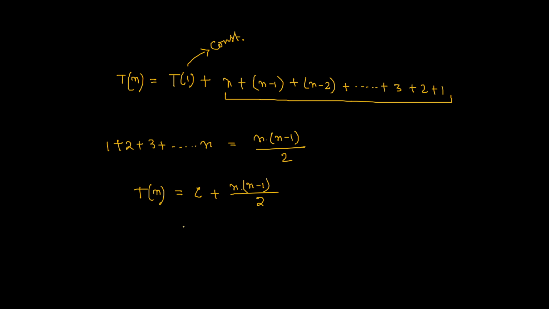So forget about the constant right now. It is almost equal to n by 2 plus, I'm sorry, minus n square by 2. I'm sorry, I had a mistake. Just a minute.